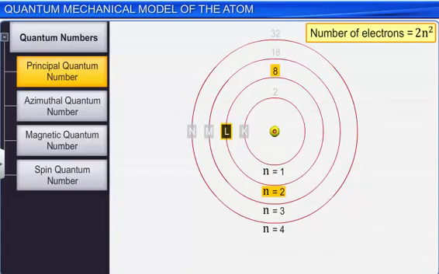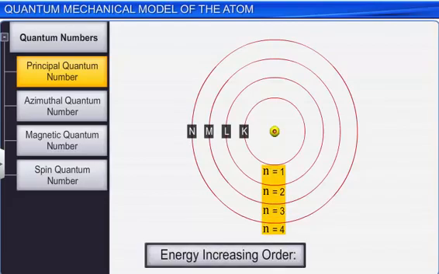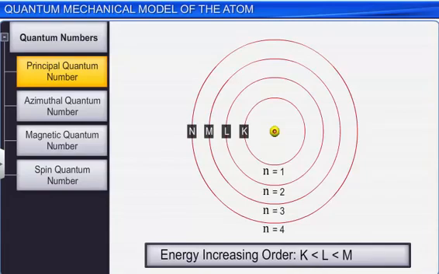The number of electrons in M and N shells will be 18 and 32 respectively. As the energy increases with the increase in n, the energies of the various shells follow the sequence K less than L less than M less than N, and so on.